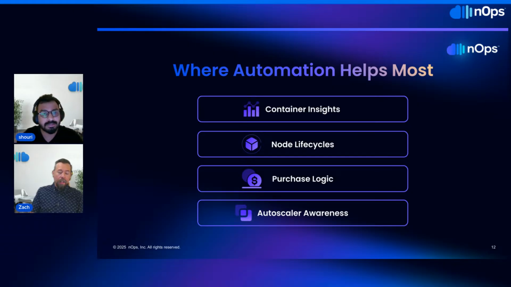From my point of view, again, foundationally, container and node is a great place to start with your automation. Ideally you would have an automated agent that tunes the requests on your containers, so you get your bins to be the right size. And then automation at the node level.